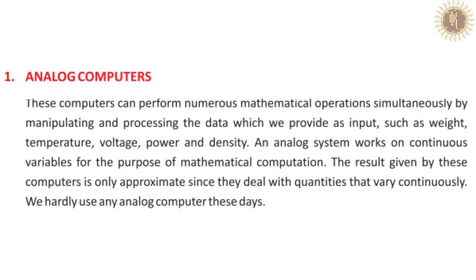These computers can perform various mathematical operations simultaneously by manipulating and processing the data which we provide as input, such as weight, temperature, voltage, electricity and density. An analog machine works on continuous variables for the purpose of mathematical computation. The result given by these computers is only approximate because they deal with quantities that change continuously. We rarely use any analog computer these days.